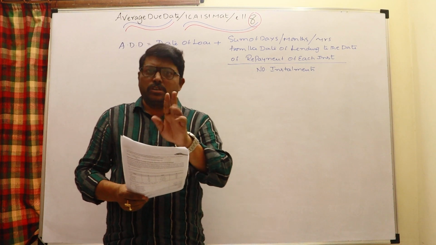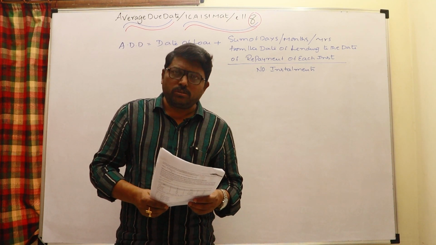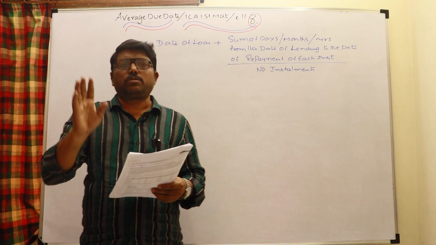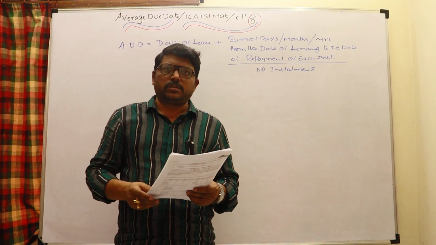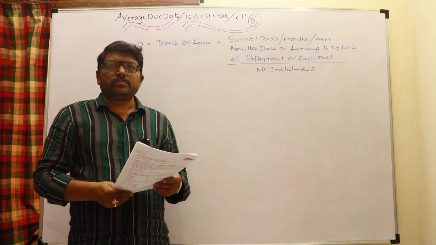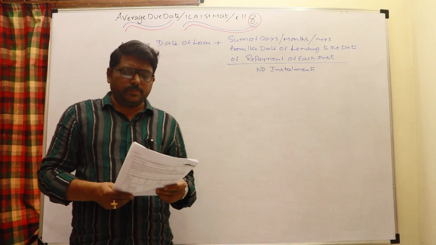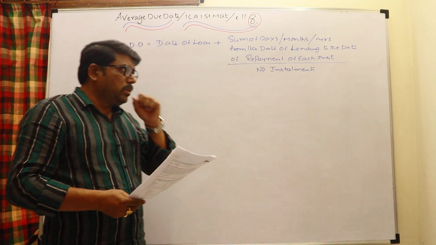At the end of the first year 2,000 is paid, so for the second year I calculate only on 8,000, third year 6,000, next 4,000, and last year 2,000 only. I have to calculate 5 times and add the interest. But if you apply the average due date formula, you need not calculate interest 5 times; you can calculate only once. Of course, the amounts should be equal.